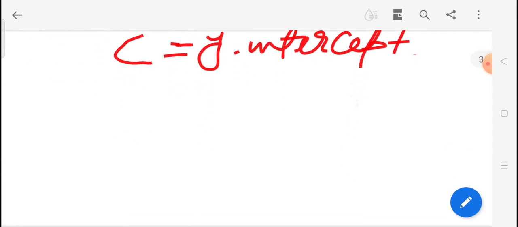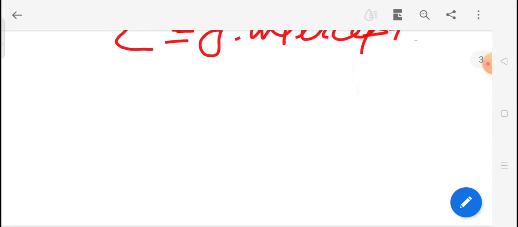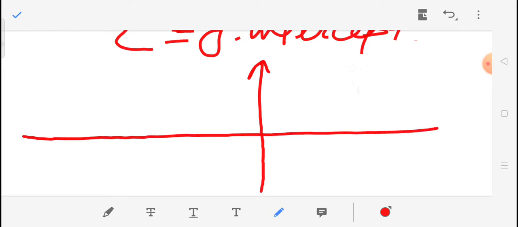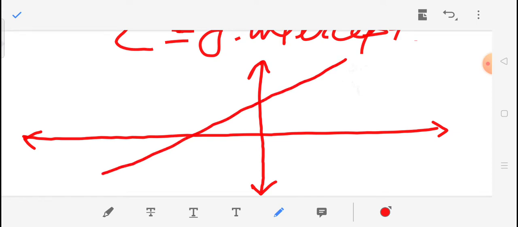Now I'm just going to show one of the graphs so that I can make it properly understood about the slope and intercept. Let us suppose that there is a line which is passing like this.